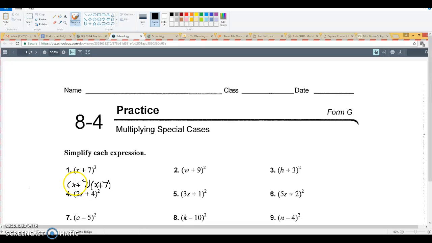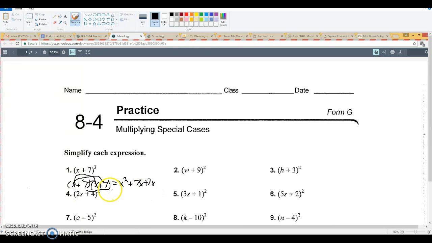I'm just going to use the distributive property. x times x equals x squared. x times 7 equals 7x. 7 times x equals 7x.